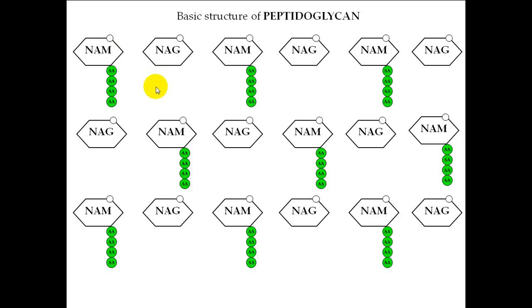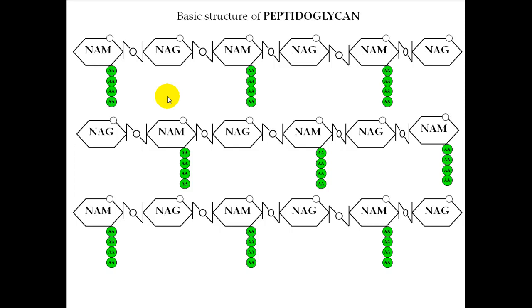All of these things are connected to one another, and that's what gives peptidoglycan its rigid structure. All of the sugars in the same chain are attached to one another via a type of link called a beta-1,4 link. Each adjacent chain is attached via bonds that form between these peptides.